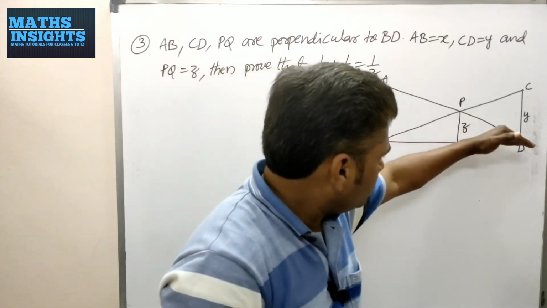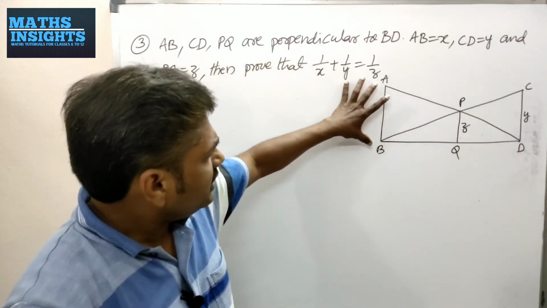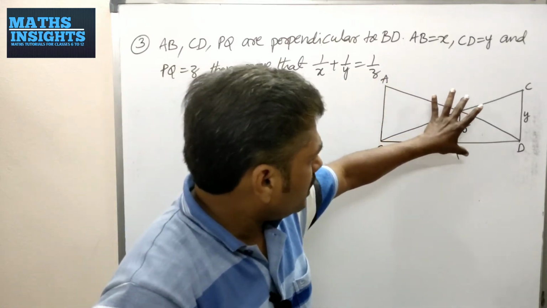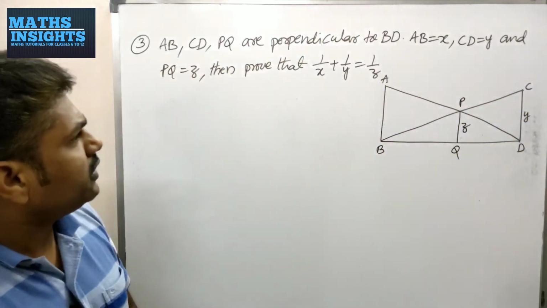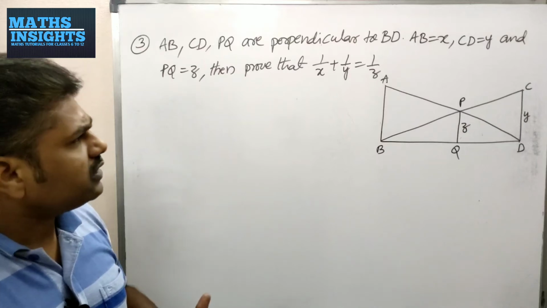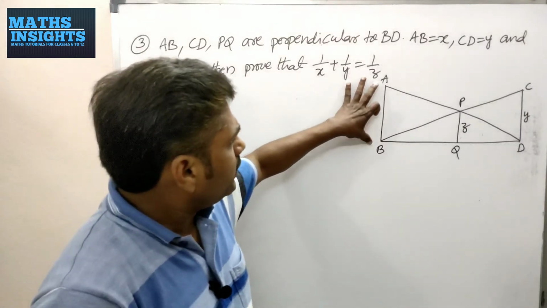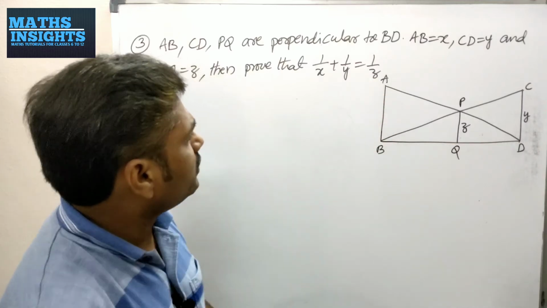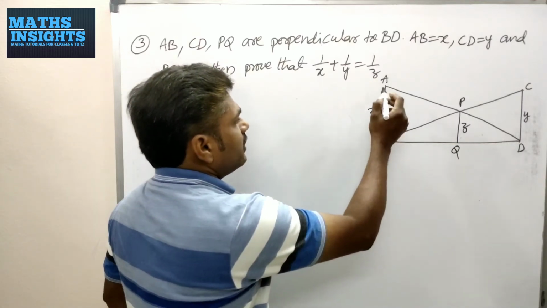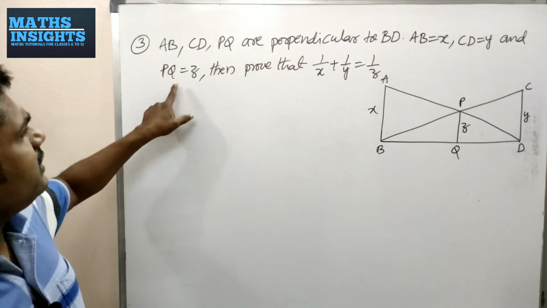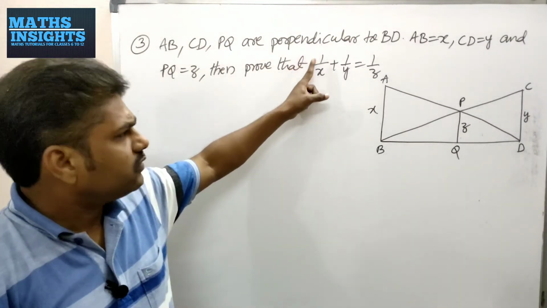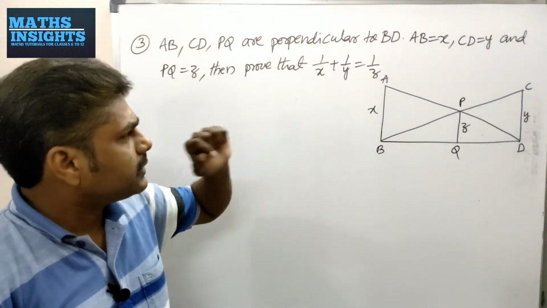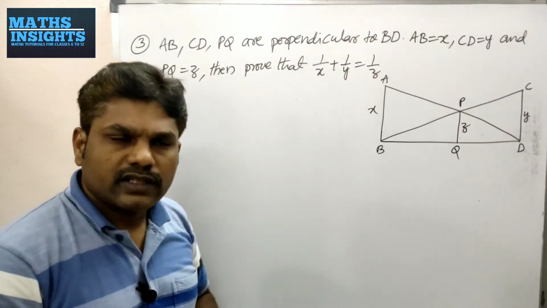This AB, PQ and CD are perpendicular to the side BD, and they have given some values for AB, CD and PQ. For AB, they have given X. I will write X here, and they are asking, show that 1 by X plus 1 by Y is equal to 1 by Z.